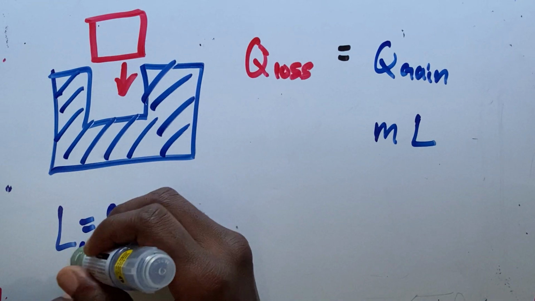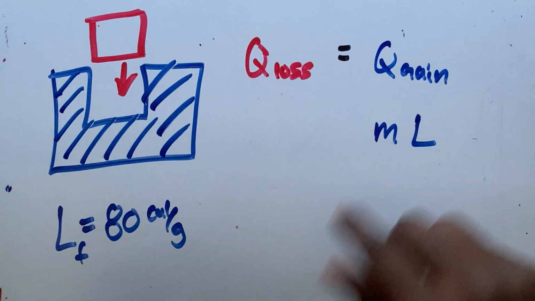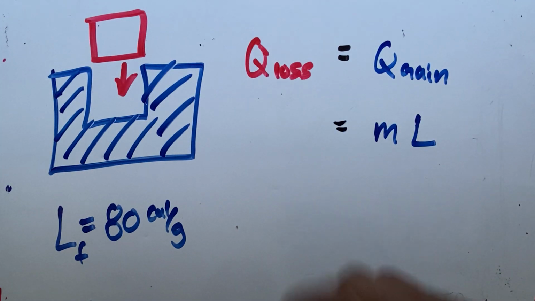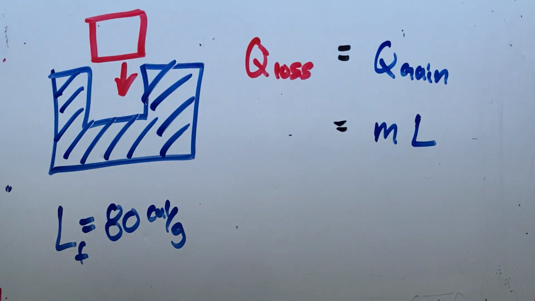So I'm gonna write a little F there for fusion. So this is the latent heat of fusion for ice. So that's gonna be equal to the heat loss by the iron.